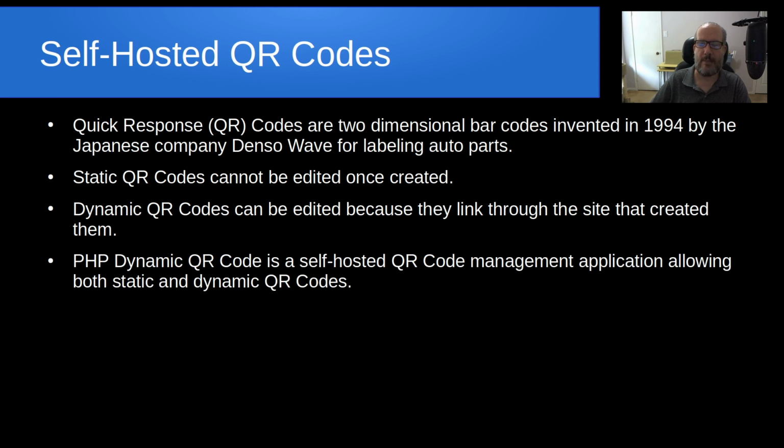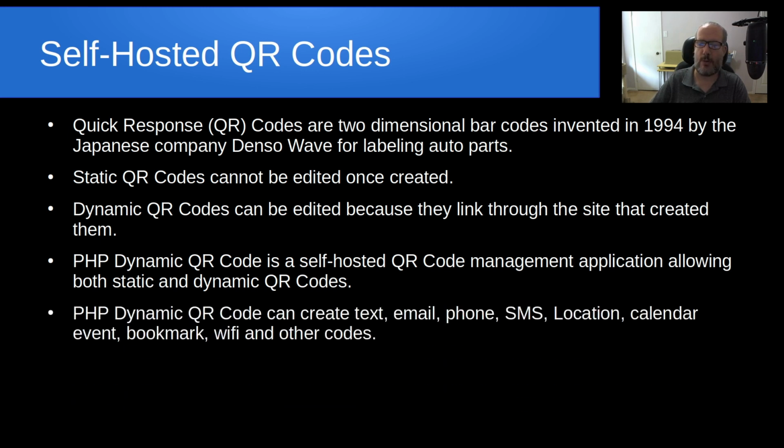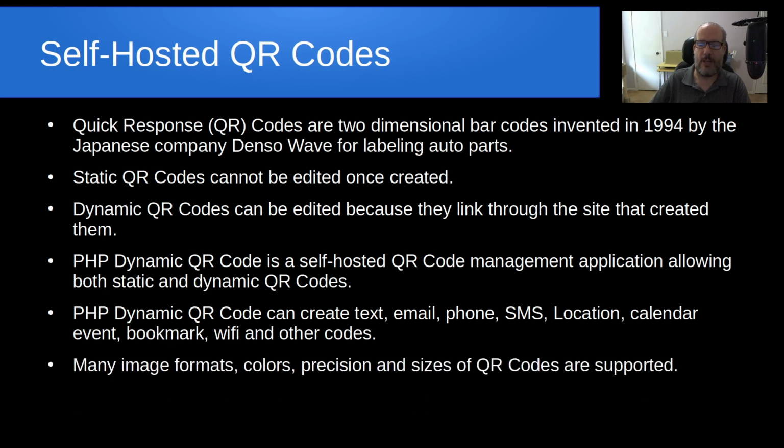So PHP Dynamic QR Code is a self-hosted QR code management application which allows the creation and management of both static and dynamic QR codes. And PHP Dynamic QR Code can create text codes, email, phone, SMS, GPS location, calendar event, bookmarks, Wi-Fi, and even other types of codes. Basically, it's a pretty broad range of applications that you can use your QR codes for. So many image formats are supported with this program.